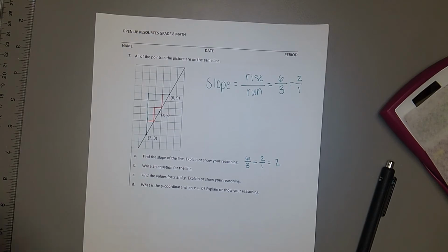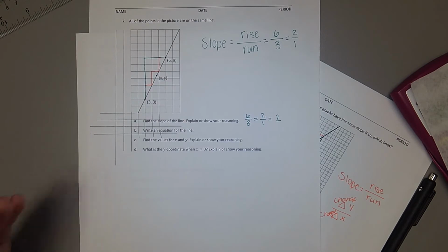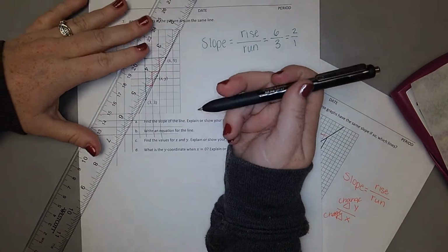I'm going to pause my video while I make my lines. Okay, so it does look kind of messy, but we need to figure out where is the origin. So I'm going to extend my line out.